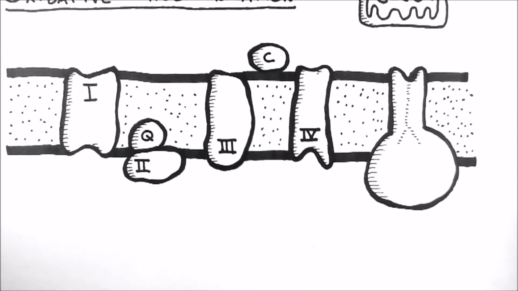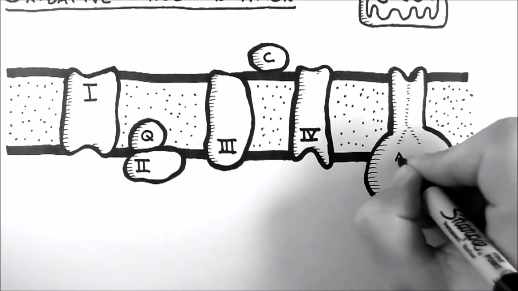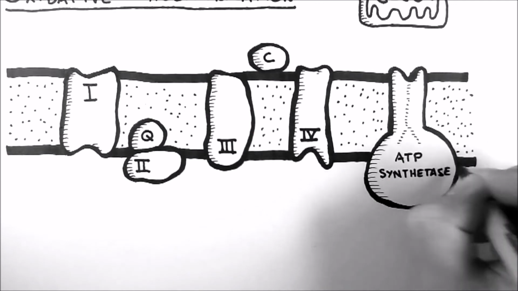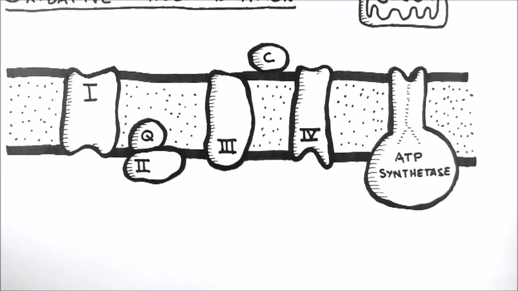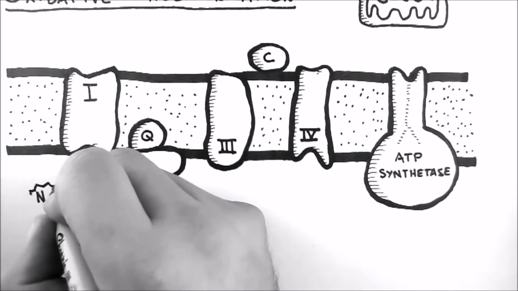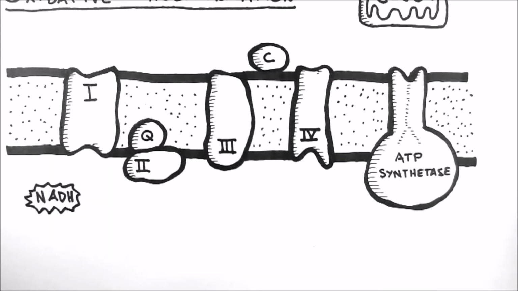The other large protein complex involved here is called ATP synthetase, and as the name suggests, it is the complex that makes ATP. So the process begins with NADH, which was produced by glycolysis, beta oxidation, and the TCA cycle.